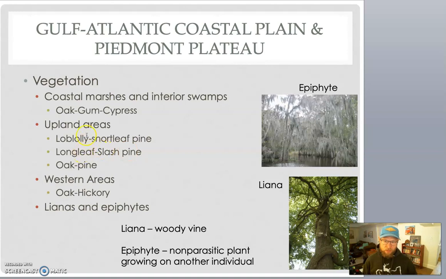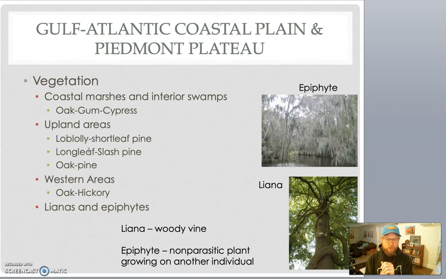And remember, the difference between the longleaf pine and the loblolly shortleaf pine is that longleaf pine can handle a little bit wetter conditions. So that's where you find the difference between those two pine forest cover types. And then as we're moving to the western part of these regions, we get more and more of the oak hickory forest showing up. And that's because we get more of that seasonal drought showing up in the western part of this range.